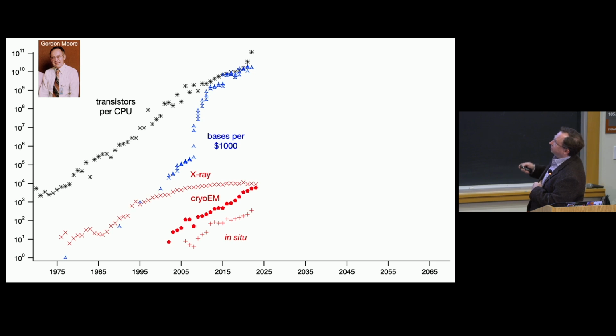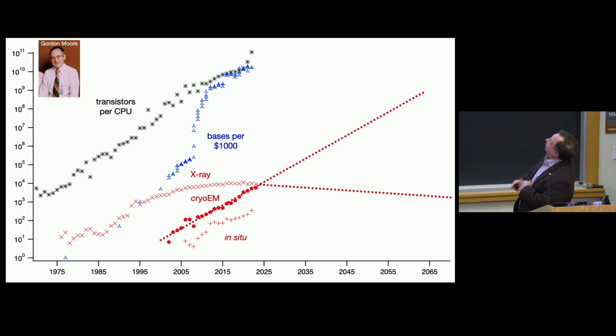Indeed, tomography is also on an exponential trajectory, but it's an order of magnitude or more behind single particle. But if we do some extrapolations here, provocatively with the 2065 date, why not, right?